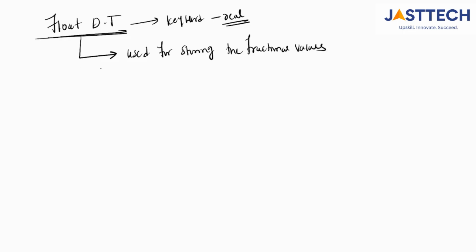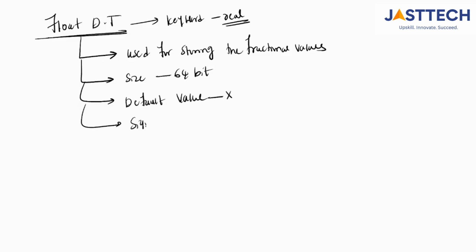The default size is 64 bit, the default value is x, and this is a signed data type. So this is about the float data type.